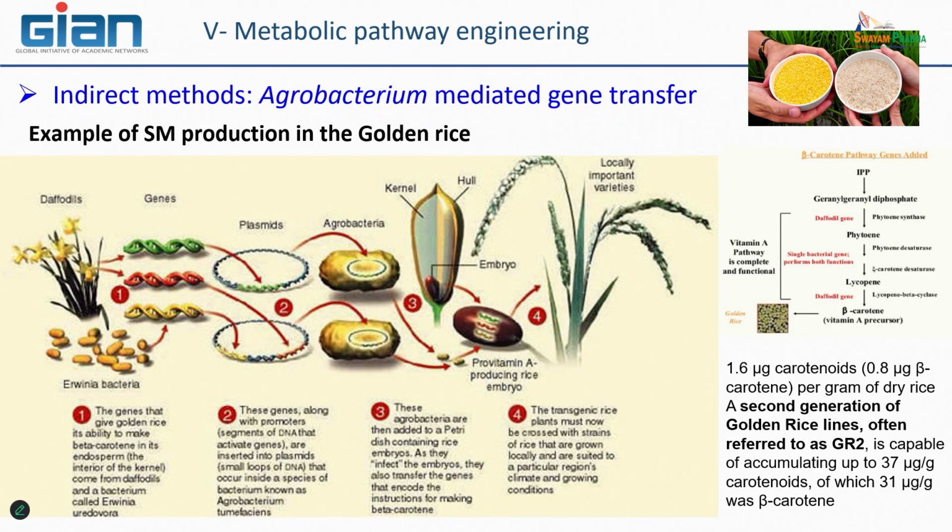And after, they have put in contact several parts of the plants. Here it was rice, okay, with these two bacteria in order to induce specific cell transformation. And what they are looking for at this moment was a co-transformation with the two plasmids on the same cell.